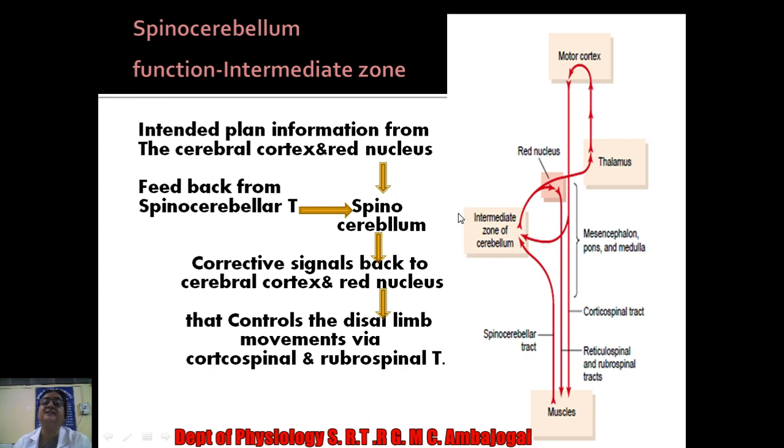Then signals are given by the cerebellum back to the red nucleus as well as the motor cortex, and the corrective signals are executed to the periphery via the corticospinal tract and the rubrospinal tract. The rubrospinal tract ultimately joins with the corticospinal. So this is the connection by which we can explain how the cerebellum smoothly coordinates movements, and how it acts as a comparator while pursuing this type of movement.